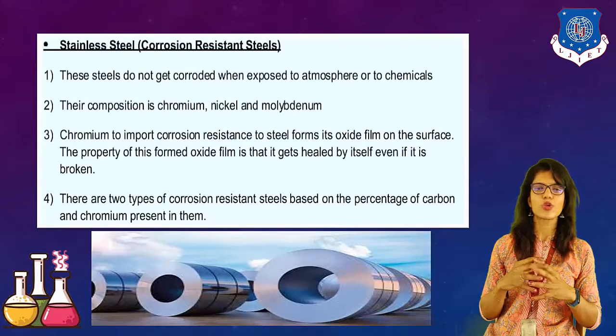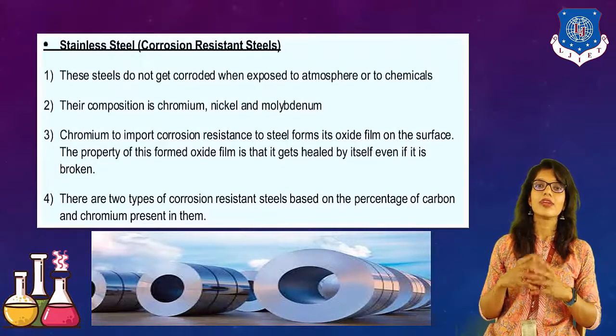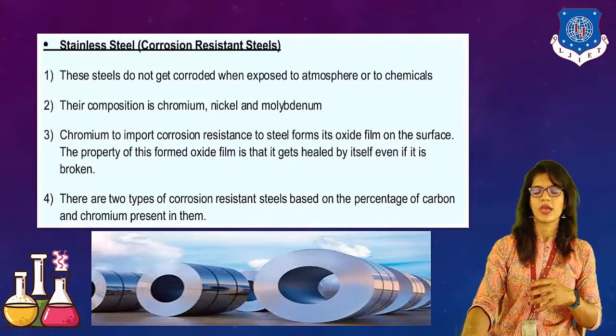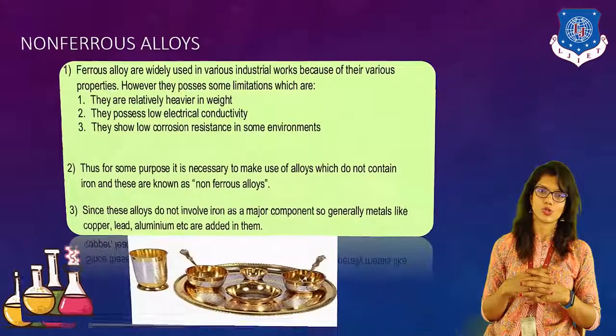There are 2 types of corrosion resistant steels based on the percentage of carbon and chromium present in them. In the image you can see the ball bearings, the bigger bearings which are generally used in wind farms or wind chains. They are widely used in making aeroplanes also.